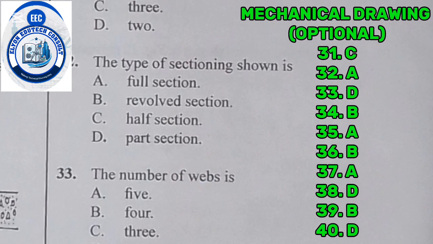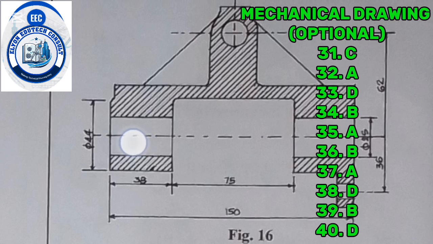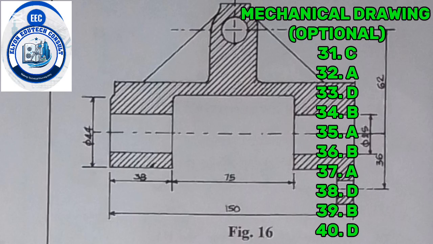So for this mechanical drawing, it has to be C as well. You just take a look at the number of holes in the block. There is a hole here, that is why it's not section. There is a hole here, that is why it's not section. And there is a hole here. So we have three there. So the correct answer there is C as well.